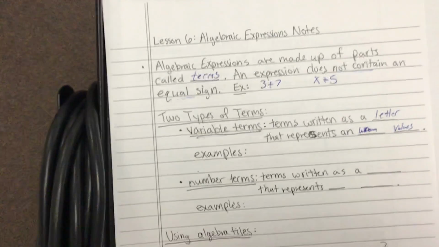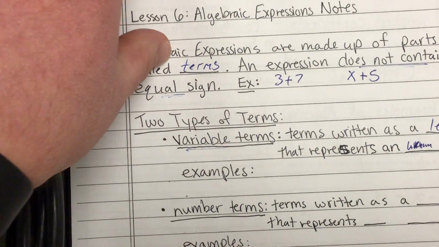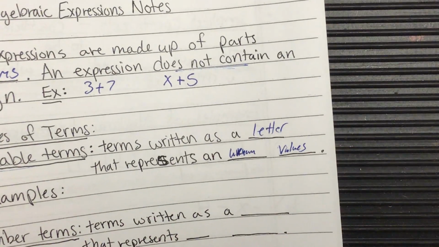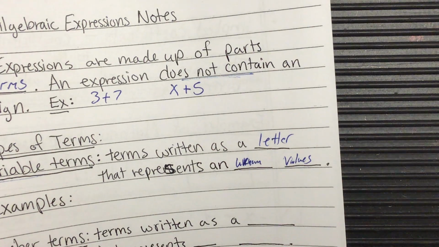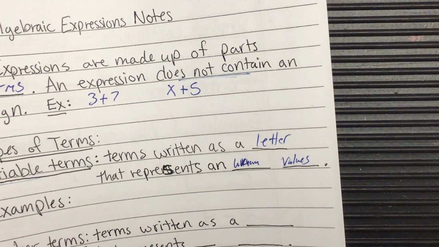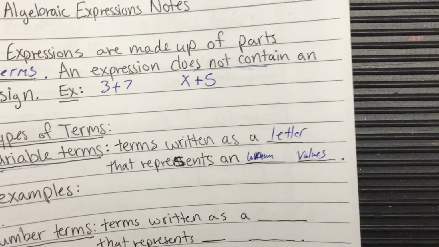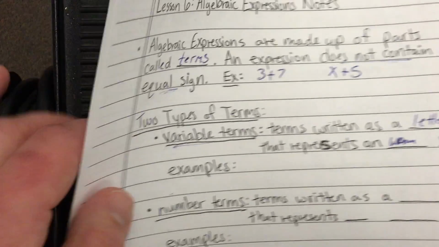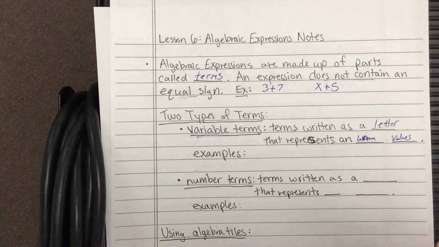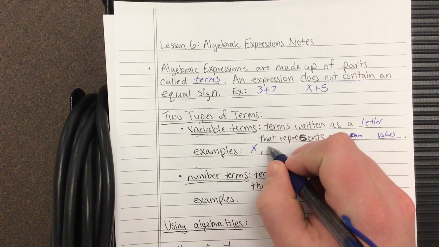Unknown values is what that says there. All right. So examples, we've seen x, we've seen y.